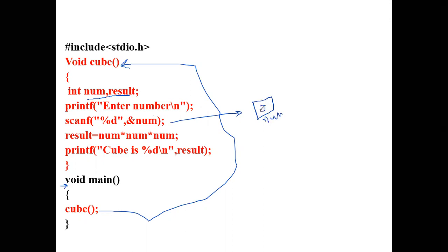Assume that we are entering the same 2. We find the result, res. We are performing the cube of 2, which will give us the result 8, and the printf function will print on the screen the cube is 8.